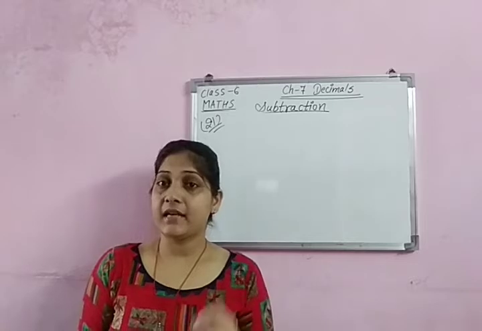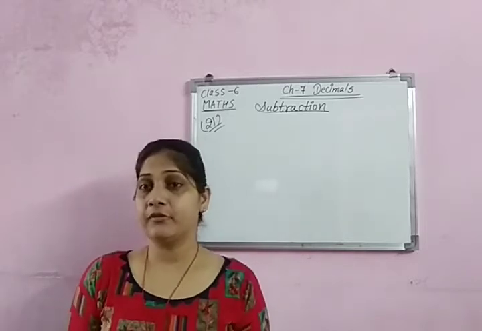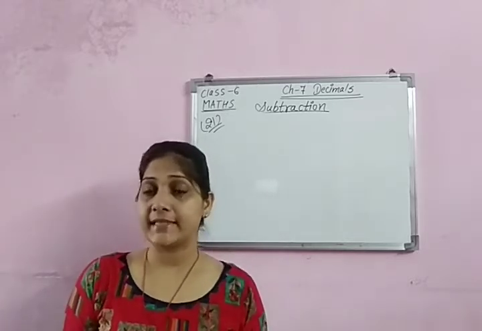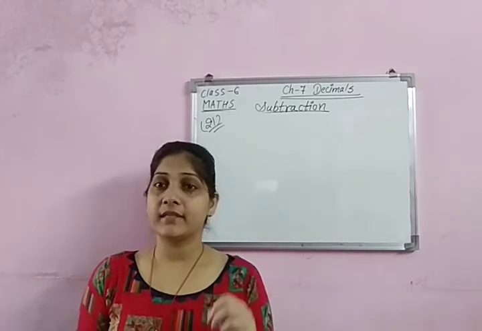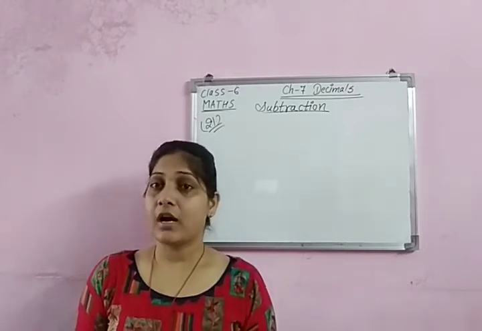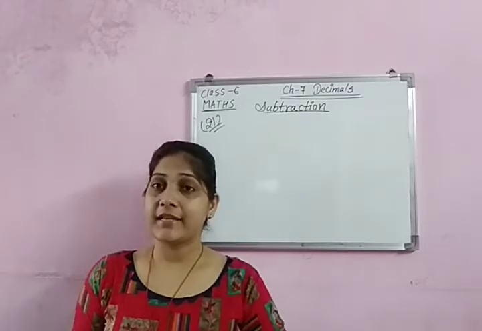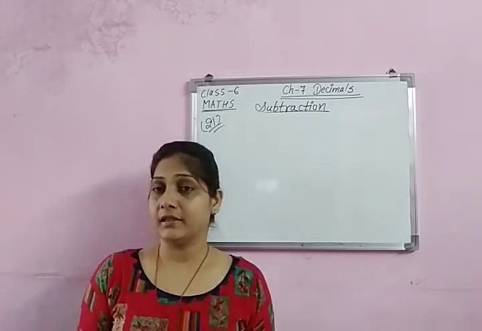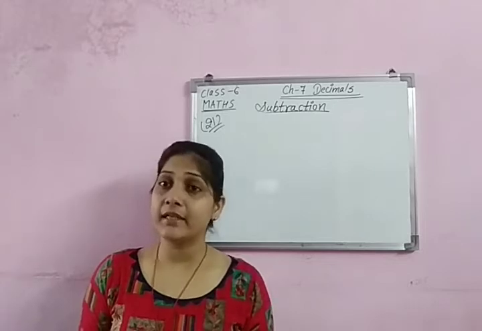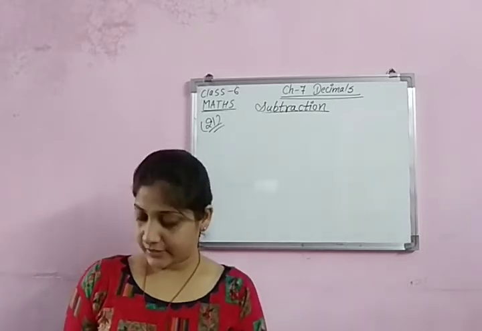It is saying that after putting the vegetables and fruits, the total weight of bag is given. You have to find what is the weight of empty bag. So how we find? From the total, if we subtract that vegetable and fruits weight, if we remove that weight, we will definitely get the empty bag weight. So let's start.